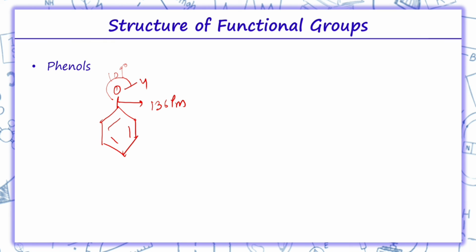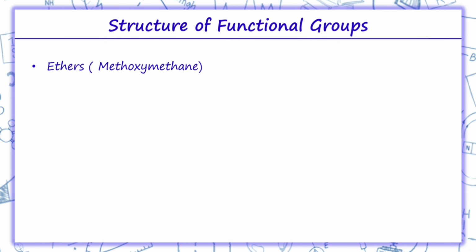In phenols, the OH group is attached to an sp2 hybridized carbon of an aromatic ring. The carbon oxygen bond length is 136 picometer, which is slightly less than in methanol, and it is basically due to partial double bond character in aromatic compounds, and due to the sp2 hybridized state of the carbon to which oxygen is attached.